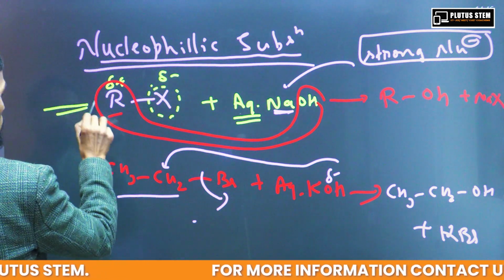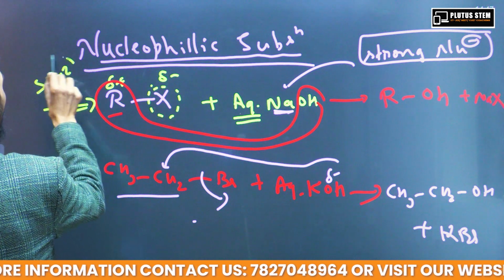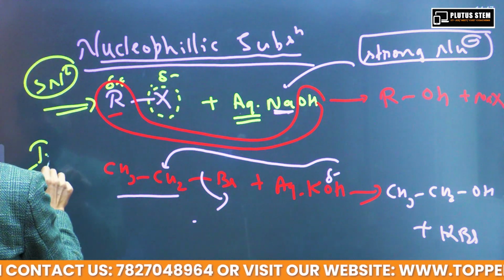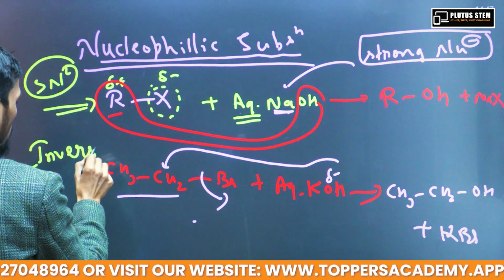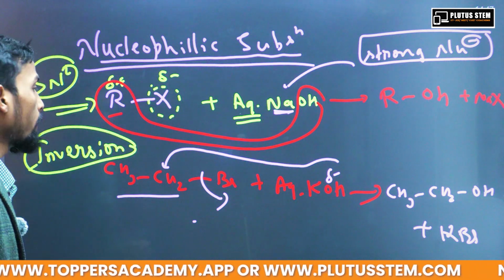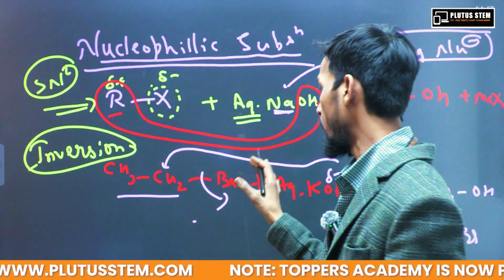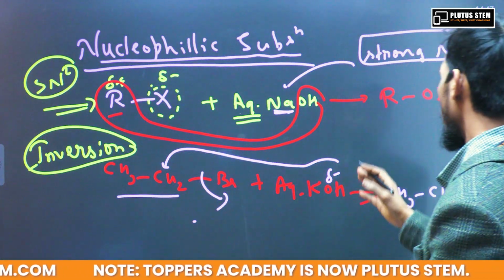So generally these are SN2 reactions, and the product will be an inversion product. Here we are going to see an inversion product.